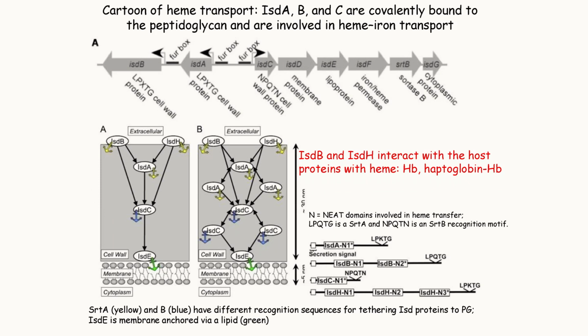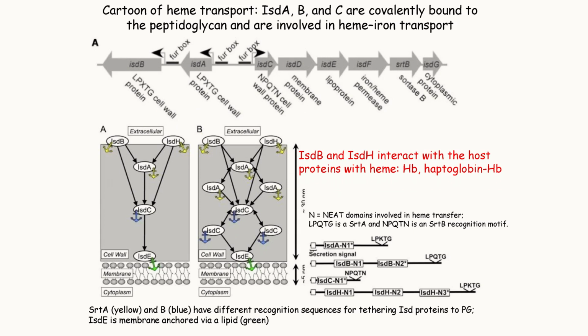But it turns out that you can't just pick up one and replace it with another. There's something about the sequences on each side of these NEAT domains that is key, you can imagine, for the directionality of the transfer. You want the heme to get down here. You don't want something where the equilibrium is going to stay up there. So this is not an easy problem.